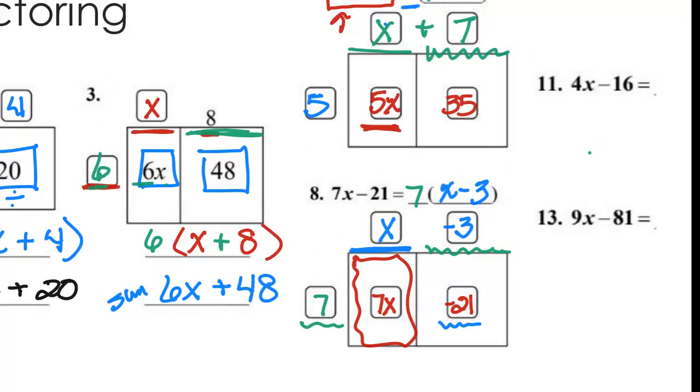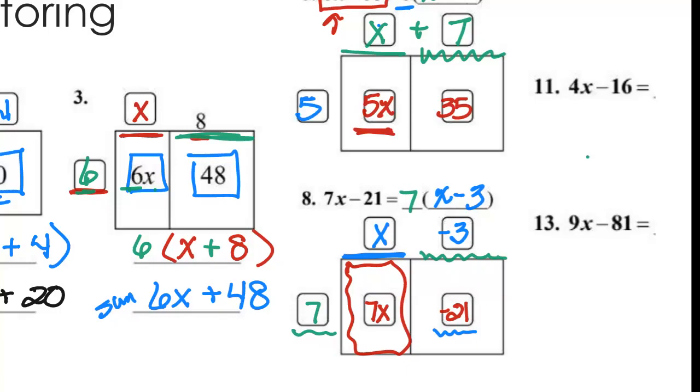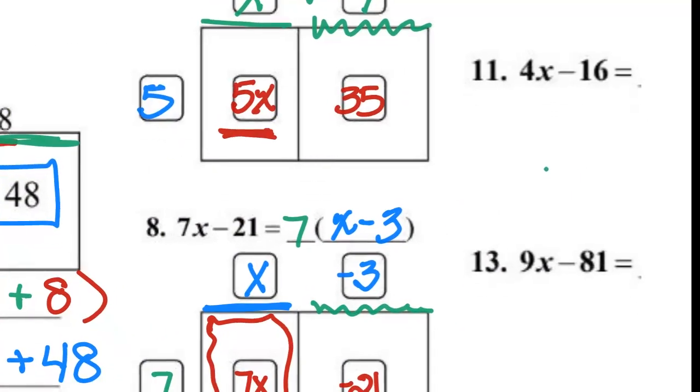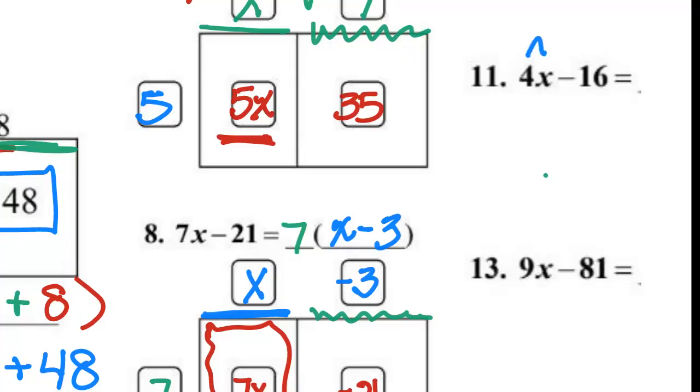All right, so looking at these last two, 4x minus 16, that is the area of the large rectangle. If I want to find the, quote, sum of both of the smaller rectangles, that's what I would get, okay? Now I want to find the product. So I'm going to do that reverse distributive property.